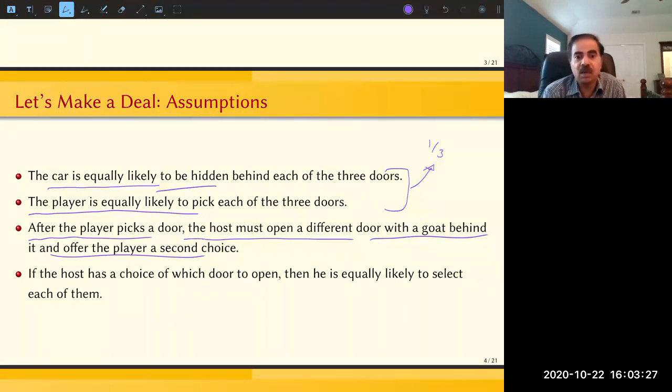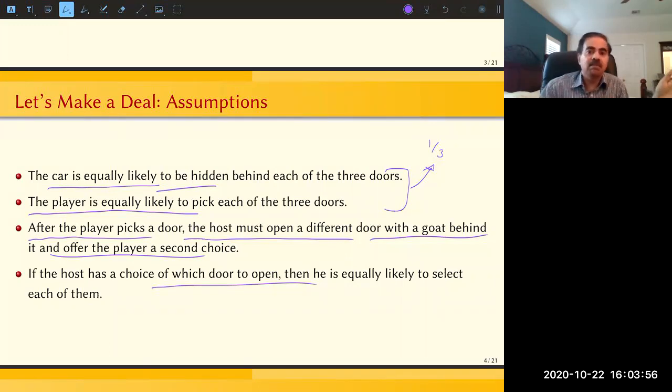So the host is going to open one of the other doors, a door that has a goat behind it and that you didn't choose. Okay, so that's another assumption. And if the host has a choice of doors to open, when will the host have a choice of doors to open? If your original choice was right.